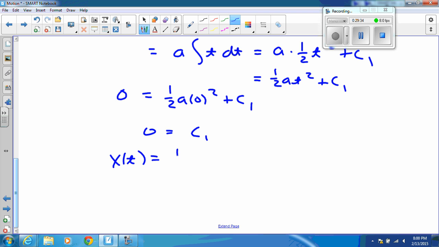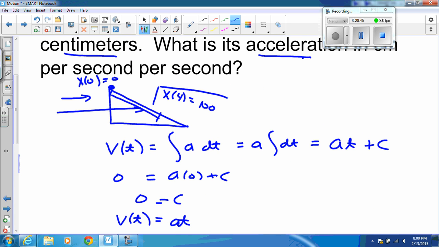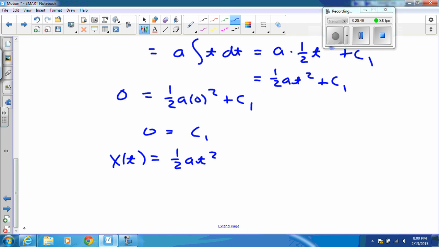And we are told that x of 0 is equal to 0. So we have 0 is equal to 1/2 a times 0 squared plus c1, where c1 is equal to 0. So winding our way at long last to the end, we find that x of t is equal to 1/2 at squared plus nothing.